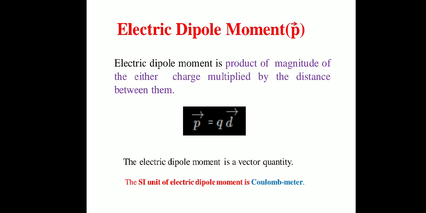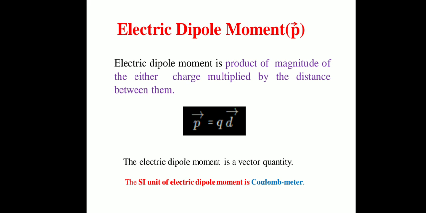So remember this formula, p bar equal to q into d bar. What about q? Q is the magnitude of a single charge, because there are two point charges present in the dipole, but we consider only a single charge magnitude, and d is the separation distance between the two opposite charges.